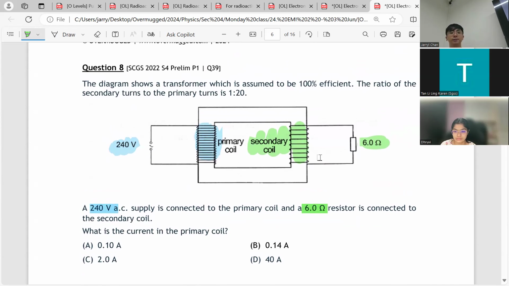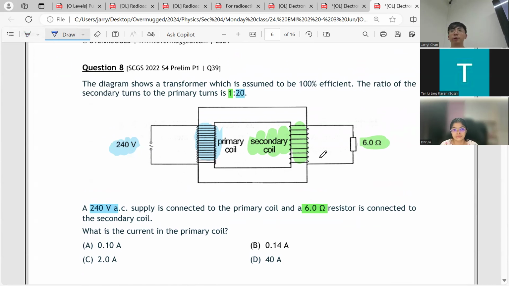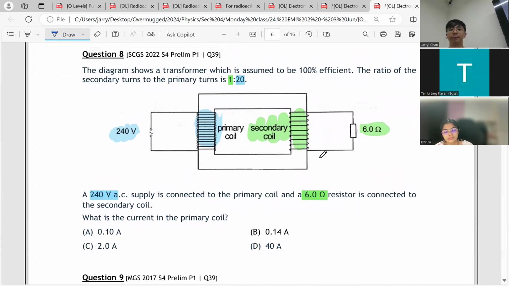The turns: secondary will be 1, primary will be 20, so 1 to 20. What you can see immediately is I told you, you don't really need to use the formula, because it's 1 to 20. Is this a step-up or step-down transformer? Step-down transformer.